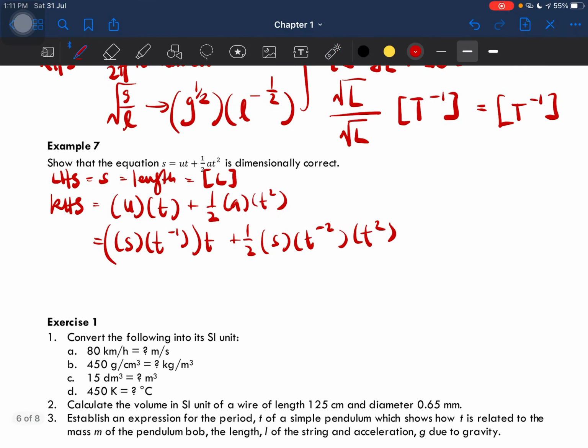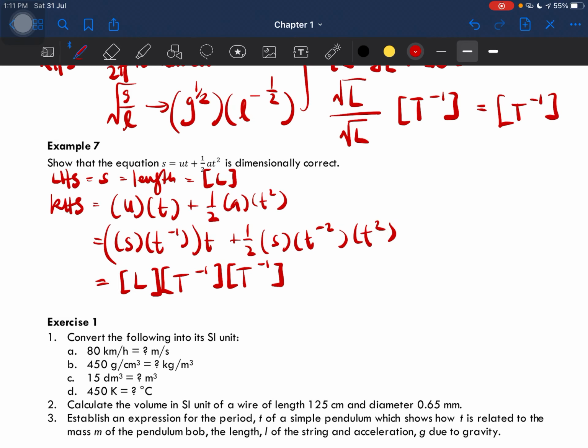Okay? So, right. So, now we know that S is equal to length, which is L. T is equal to time, which is T negative 1. Then we have time again, T negative 1.